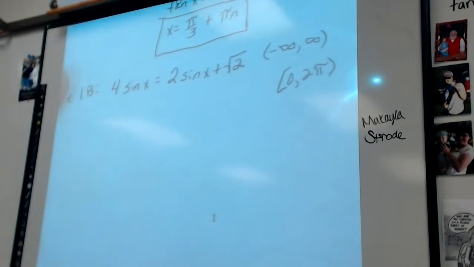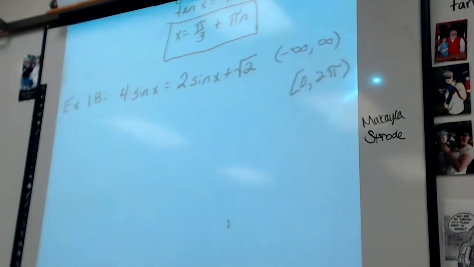So what do y'all think we're going to do first, based on what we did earlier? We want to get our sine x's together, so we have 4 sine x's over here and 2 sine x's over here. We wouldn't divide, we would subtract 2, because it's not sine x times the square root of 2. If it was times, yeah.